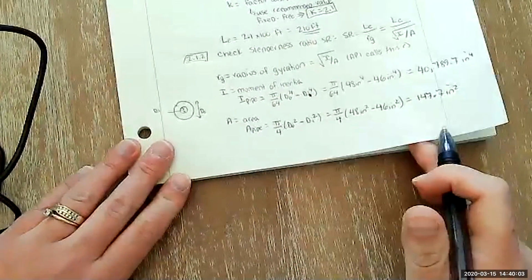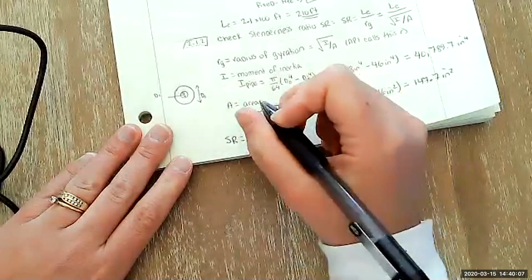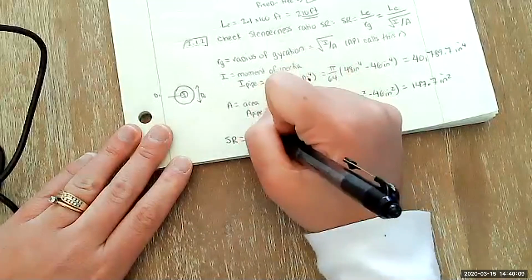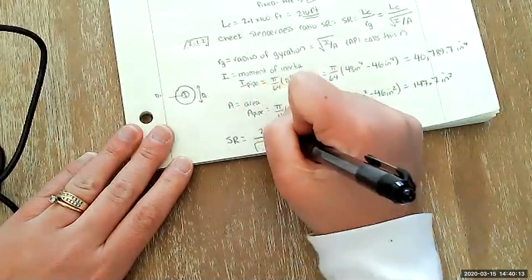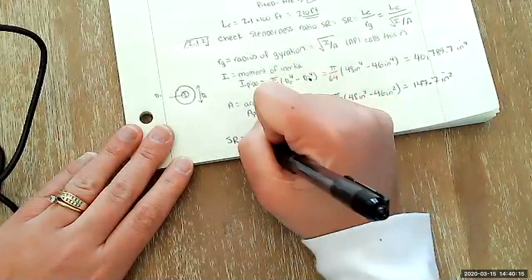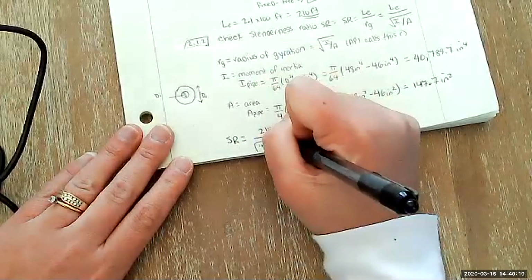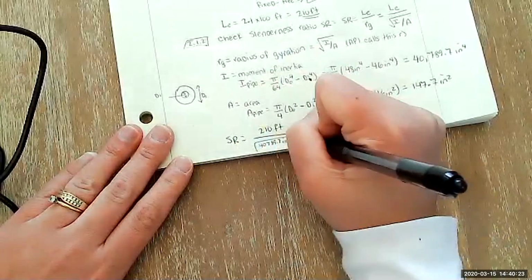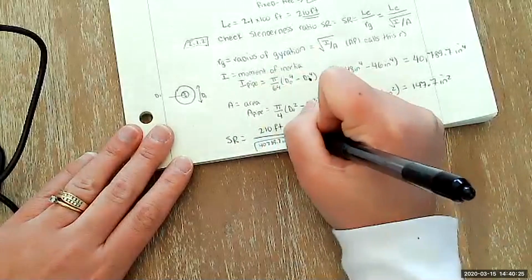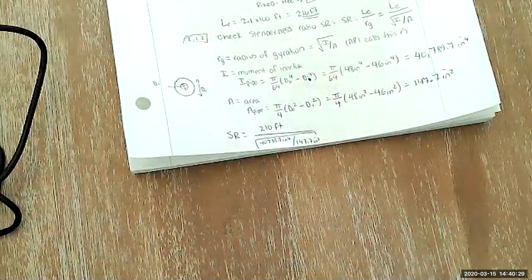Plugging all of these numbers in, we can calculate our slenderness ratio, which is equal to 210 feet divided by the square root of 40,789.7 inches to the fourth divided by 147.7 inches squared. Okay? Not okay.